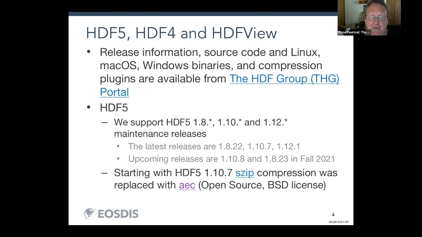A few words about HDF5. Currently, we support three major maintenance releases: 1.8, 1.10, and 1.12, and the latest are listed here. 1.10.8 and 1.8.23 are coming in the fall, in a few months, and you may ask why. In the past six years, we did a lot of development in HDF5 that slowly created a performance gap between 1.8 and later releases. Some new features added performance overhead.